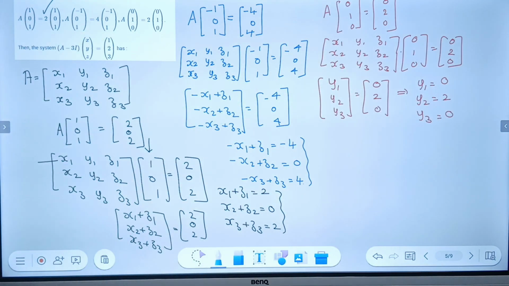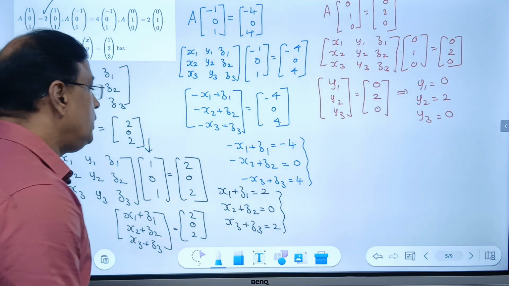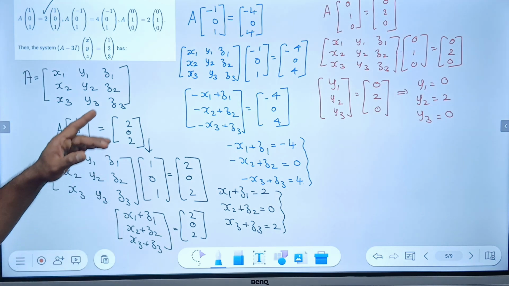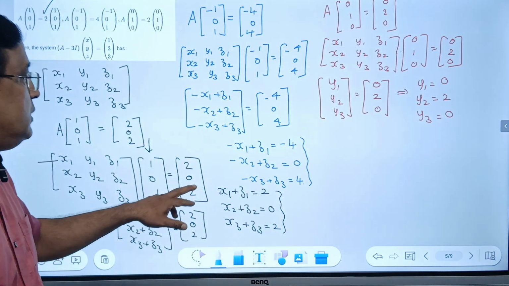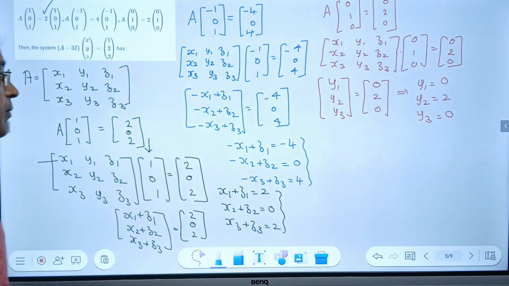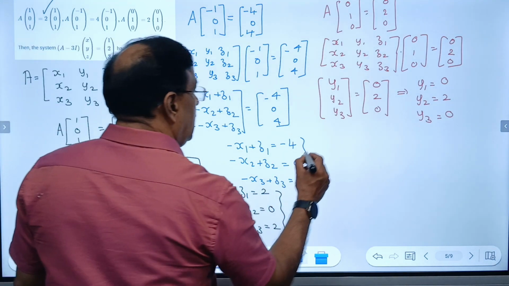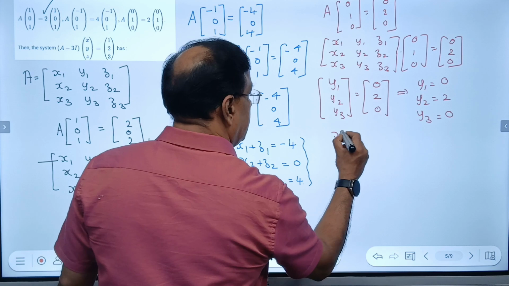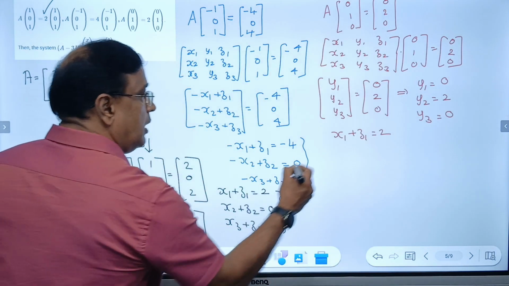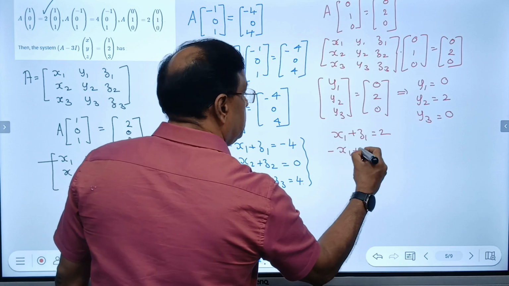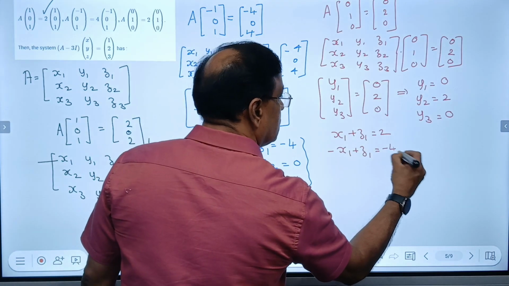Correct? Now that you've got y1, y2 and y3, I have to find the values of x1 and z1. So what I will do, I'll take x1 plus z1 equal to 2 from here, and minus x1 plus z1 equal to minus 4.